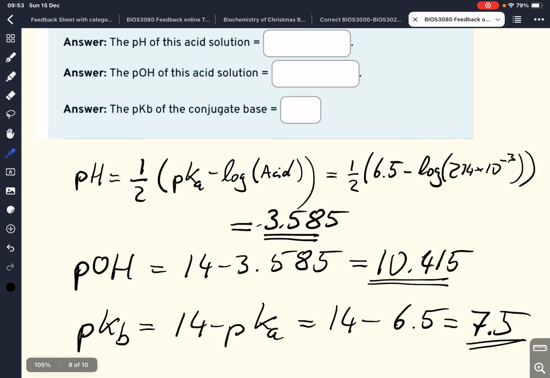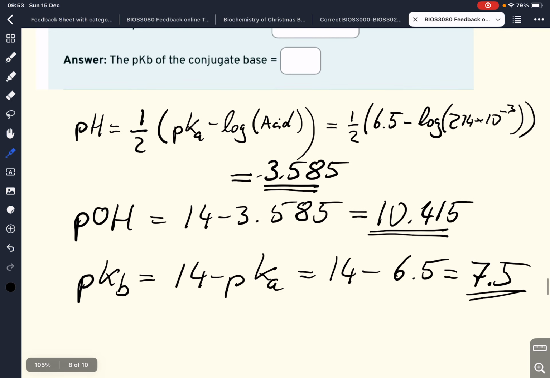Now, with that, we can easily calculate the corresponding pOH, because we know that the pOH is 14 minus the pH, and we've just calculated the pH here. So that's 14 minus 3.585, and that would give us a pOH of 10.415.